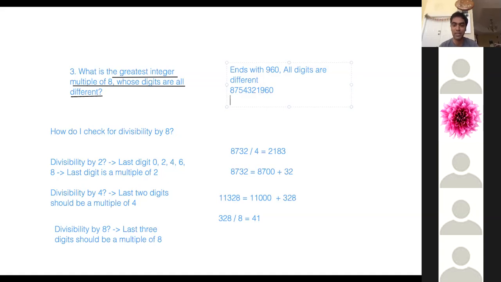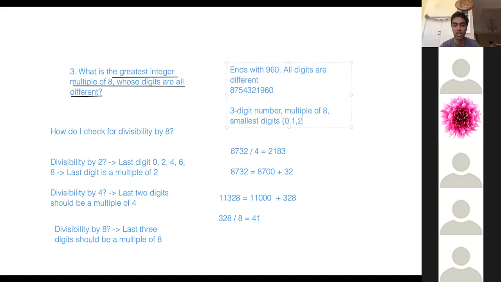So what is a multiple of 8 that's 3 digits long that uses small digits? Can you ask the question again? Sure. So I want a 3-digit number that's a multiple of 8 with the smallest digits possible. So ideally, I want to just use 0, 1, and 2.